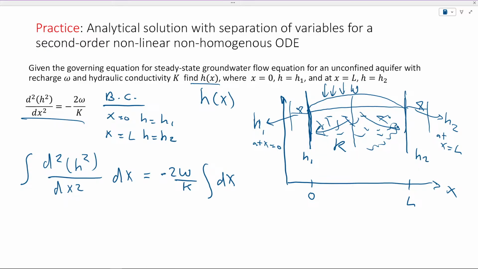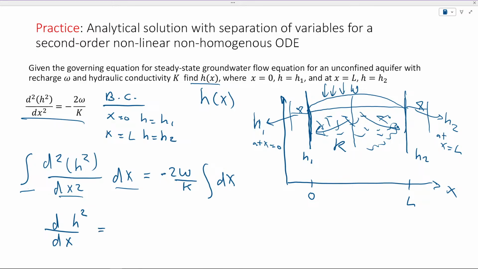The integration of this with respect to dx: here you have the second derivative, and when you integrate, you get your first derivative. So that would be the h squared.